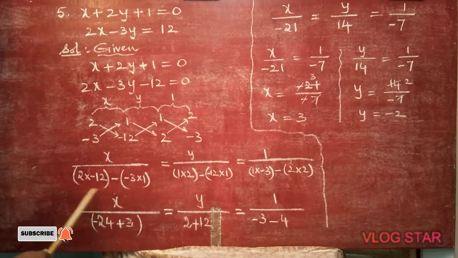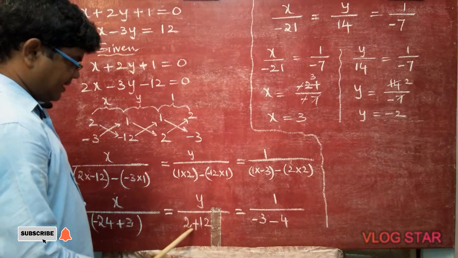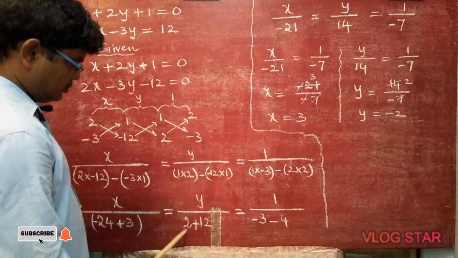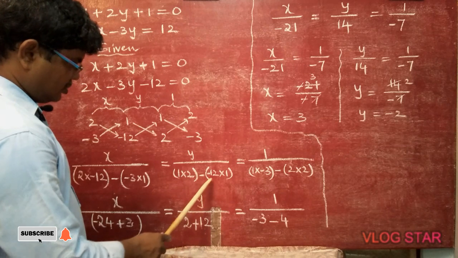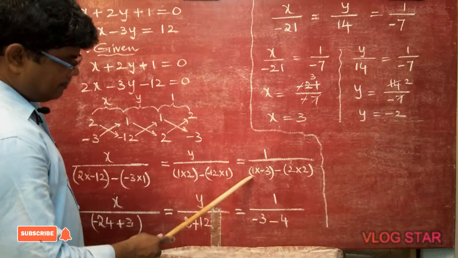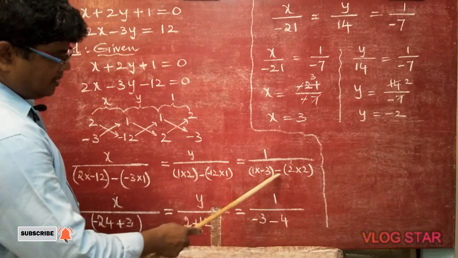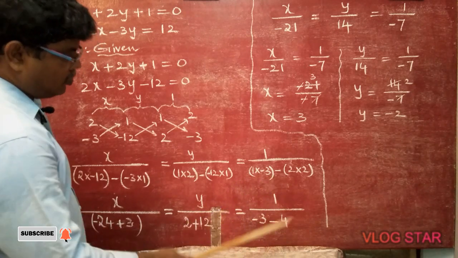Now x by plus into minus, minus 2 12s are 24. Minus into minus plus, 3 1s are 3. That is equal to y by 1 2s are 2. Minus into minus plus, 12 1s are 12, is equal to 1 by plus into minus, minus 1 3s are 3, minus 2 2s are 4.